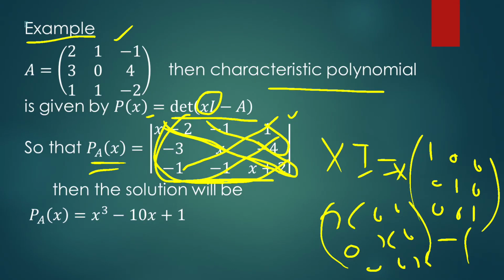I worked on this trick last time, so you can look at the previous tutorial and you'll be able to see it. So the solution for this will inevitably become this, and this is what we are calling the characteristic polynomial for this matrix.